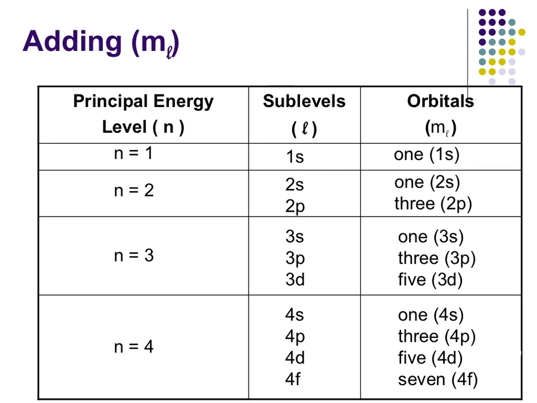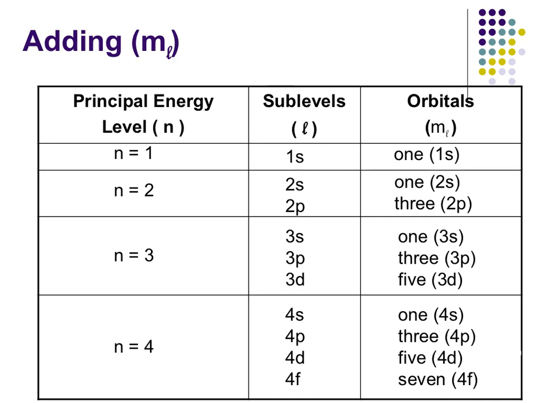S always has 1, P always has 3, D always has 5, and F always has 7. That is how those orbitals come, as a set of this given amount. The numbers that are paired with these sublevels represent the principal energy level, or the distance from the nucleus. So as I go down this table here, I'm getting further away from the nucleus. But those sublevels consistently come as a set of 1, 3, 5, or 7, no matter which energy level they're on.